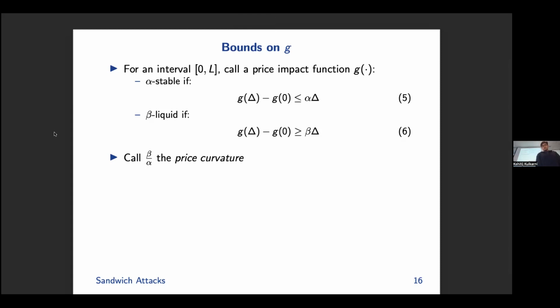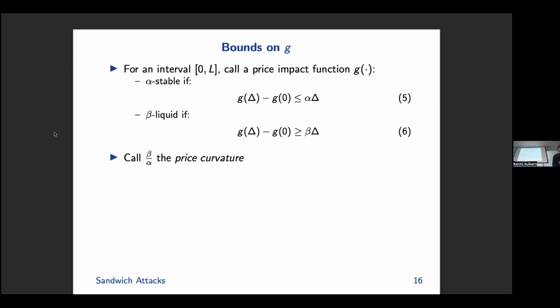So little g, if you recall, is the price function. It's the ratio of the partial derivatives of the trading invariant phi in the third and fourth arguments. If you have these bounds, the price given a trade of size delta increases by at most some linear amount and at least some linear amount.